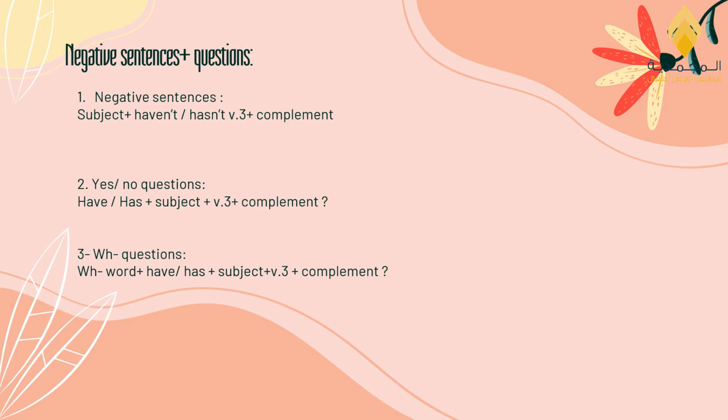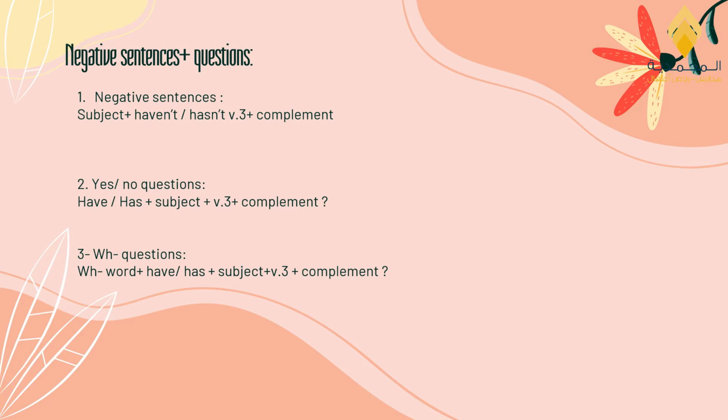So a WH question is going to start with a WH word plus the auxiliary have or has, followed by the subject, followed by the past participle of the verb or verb 3 and the complement, and don't forget the question mark at the end of the question. The answer of this type of questions is a piece of information.